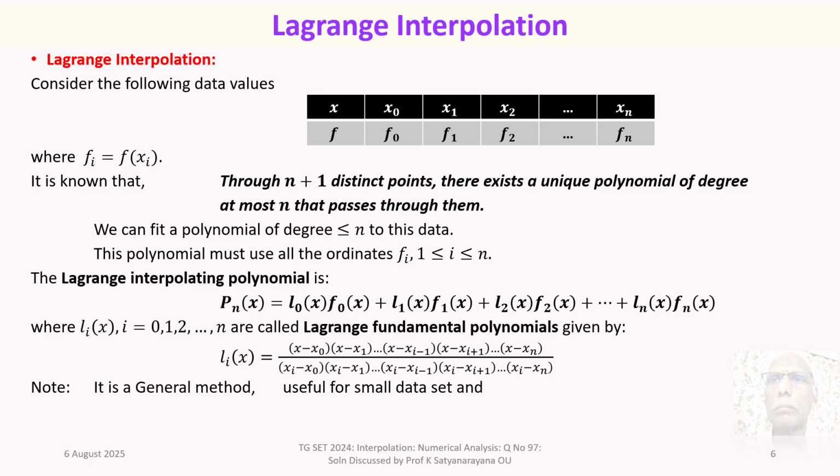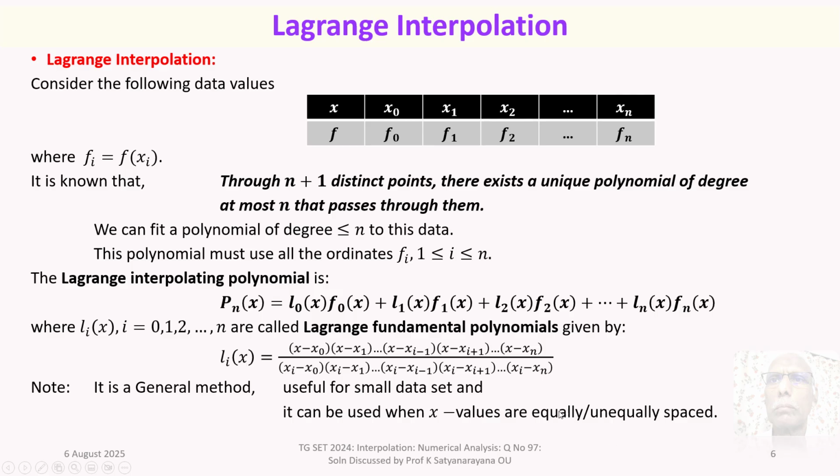Not impossible, but tedious. And computing the products and their quotients, there is a possibility of committing mistakes if the data set is a big one. And it can be used when x values are equally spaced or unequally spaced.